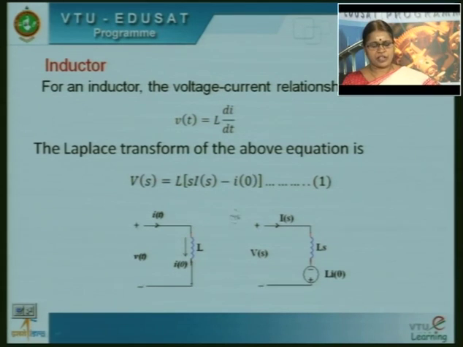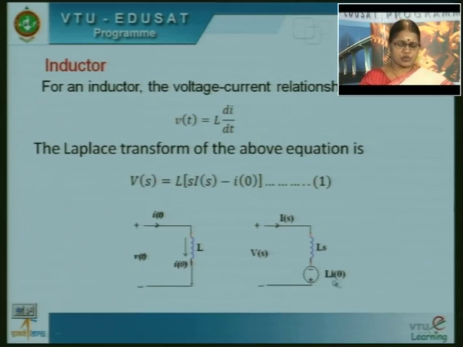So, to take care of this sign, we can realize this term L into I at 0 minus as a voltage source of value L into I of 0 whose polarities are in such a way that it aids the voltage V of s. So, if V of s has a polarity minus and plus, L I at 0 can be realized as a voltage source with polarities minus and plus like this.